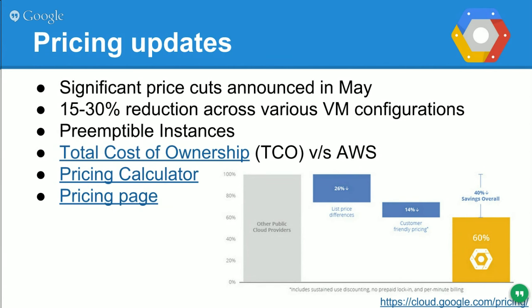And it's as simple as using the gcloud command line utilities to ask for a preemptible instance. There's also additional literature published on total cost of ownership, vis-a-vis AWS.